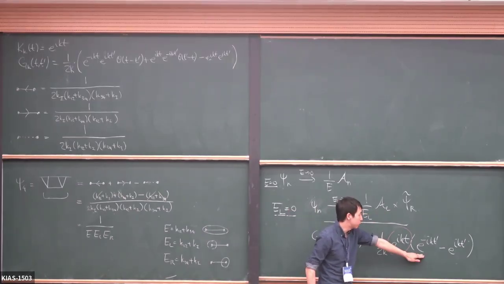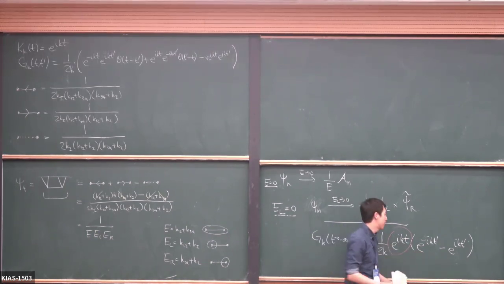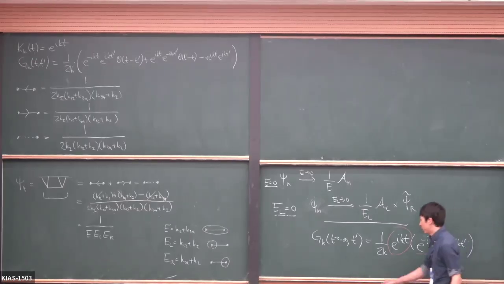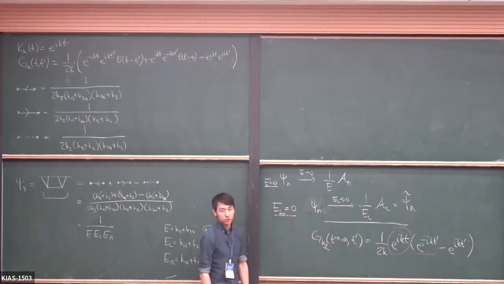On the right side, you will get some combination of the wave function where one of them will have a flipped sign of the k. And notice that this Green's function is associated with the internal energy.